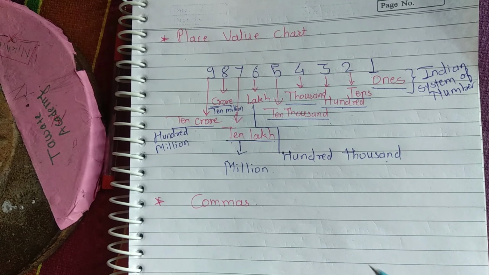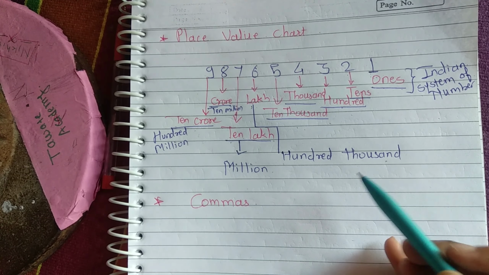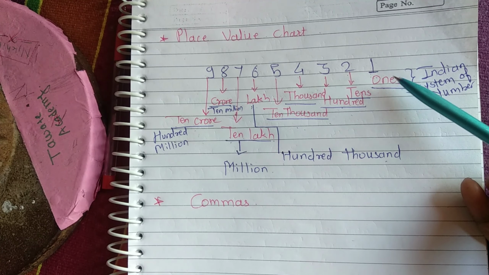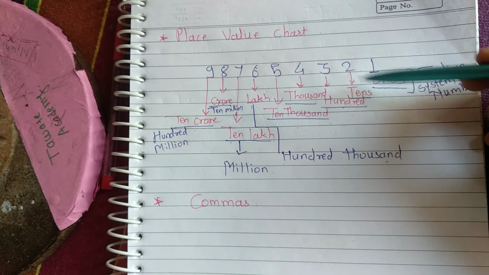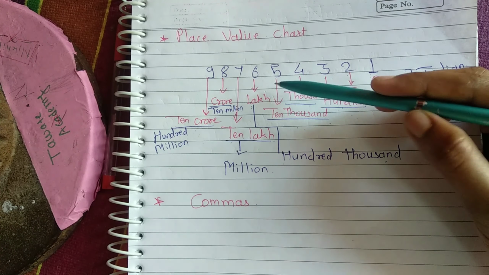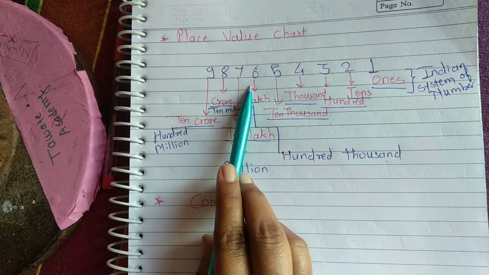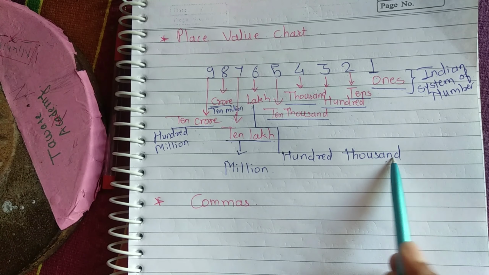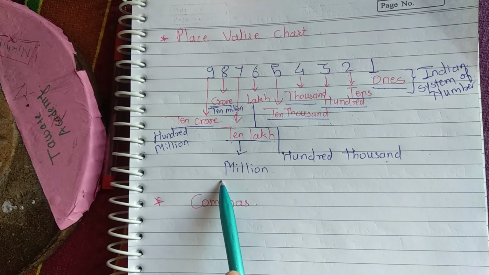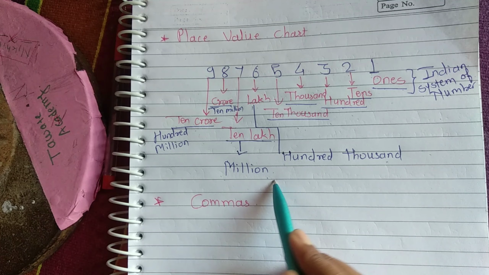Now we will see the international system of numbers. In international system, we read 1 as ones, and 2 as tens, 3 as 100, and 4 as 1000, 5 as 10,000. But 6 is read as 100,000 in international system, and 7 is read as a million, means 10 lakh is read as million.